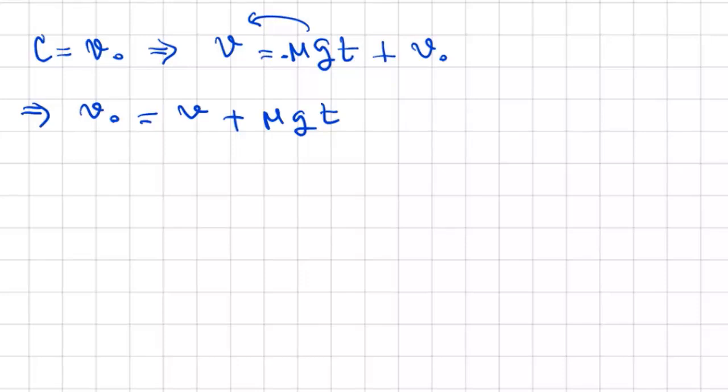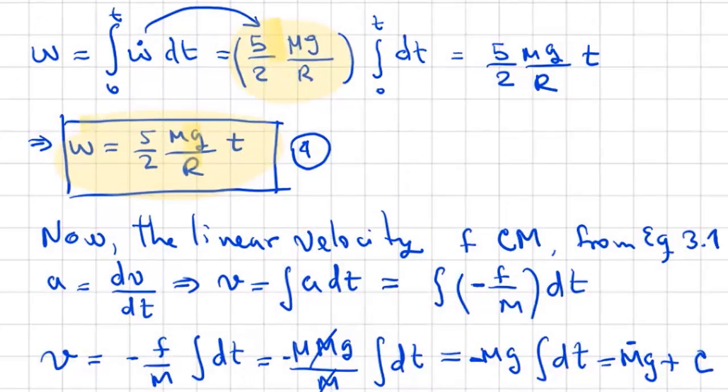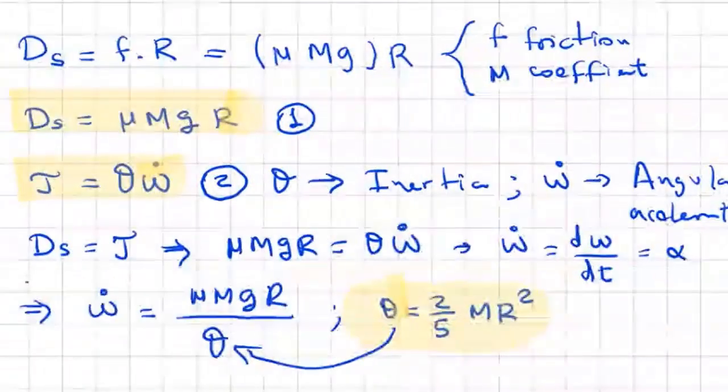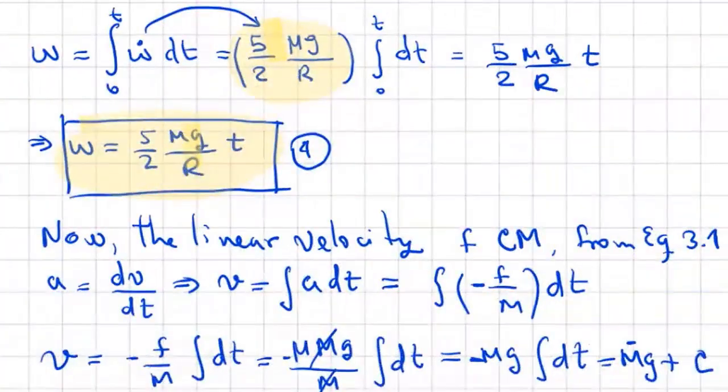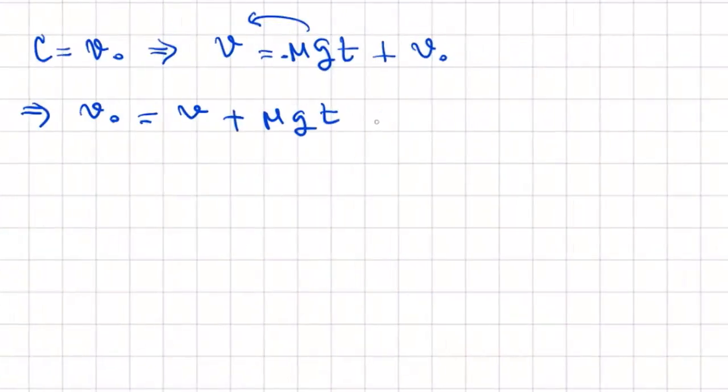But if we remember, we calculated the angular velocity of the ball, and we know that v is equal to the angular velocity multiplying the radius.